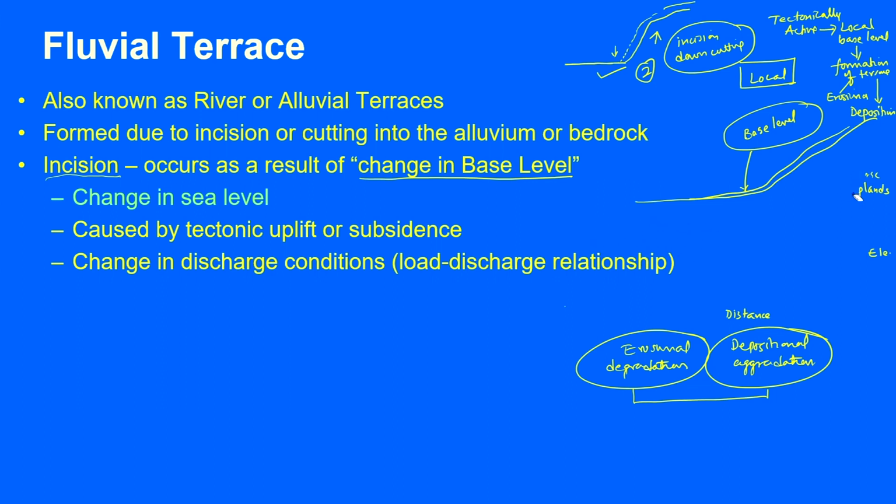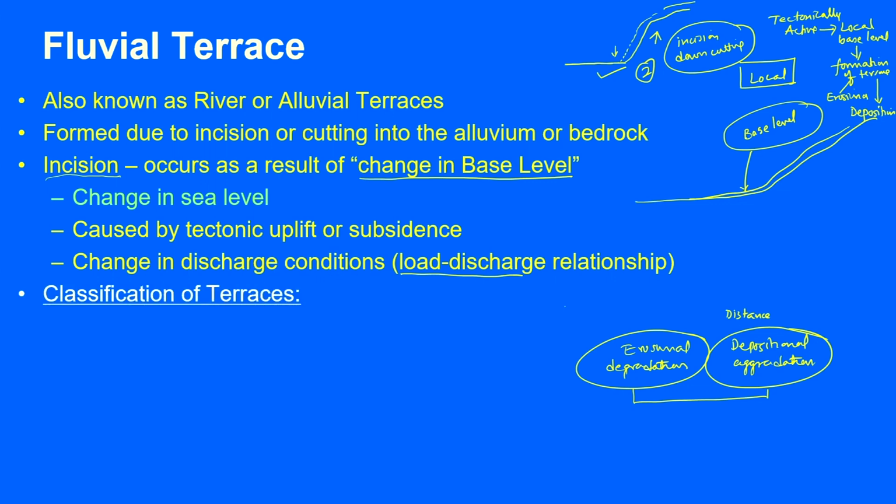If you are having a sudden influx of sediments because of erosion, that can also change the base level. So discharge conditions are changing, where tributaries are pouring more sediments in, or it is related to some other reasons, or an increase in precipitation can also change the discharge conditions.